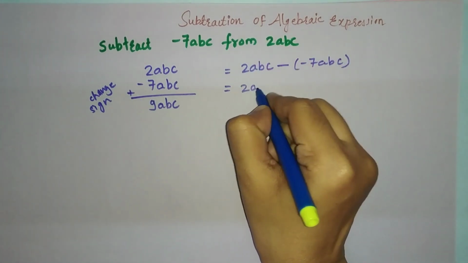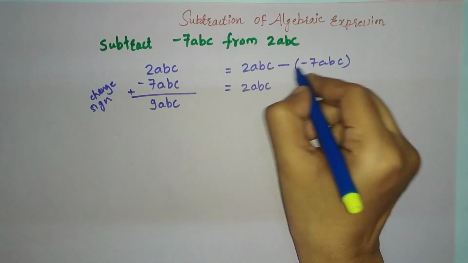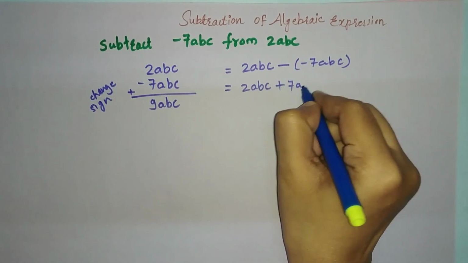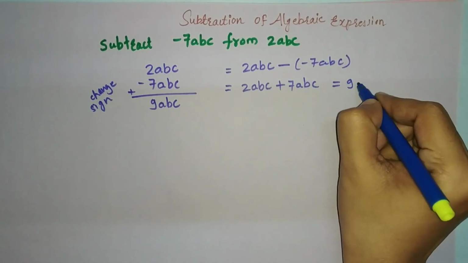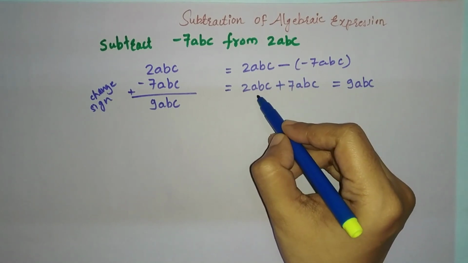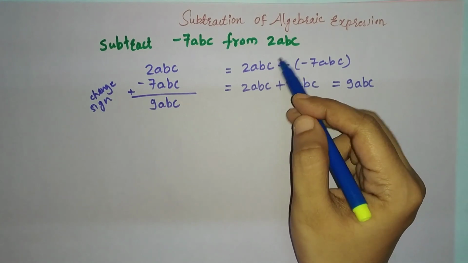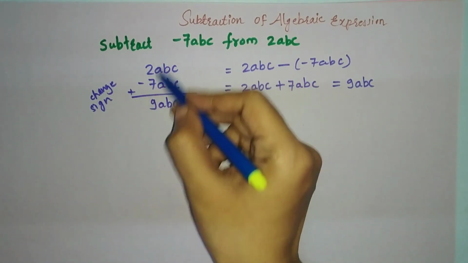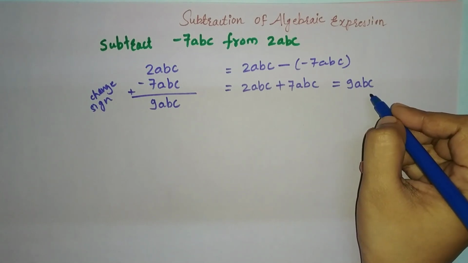So we'll get 2abc minus of minus, and when opening the bracket, the outside minus makes it plus 7abc. And we know that 2 plus 7 is 9abc. You can add it because these are like terms, abc variables with the same powers here and here also. So this is the vertical way, and this is the horizontal manner in which we have done the subtraction.